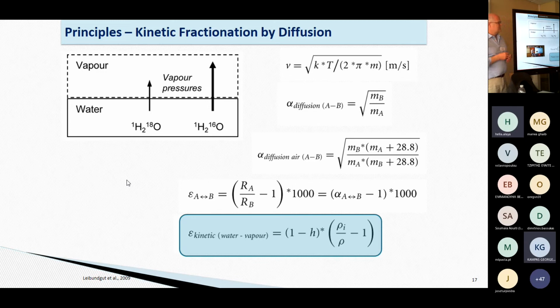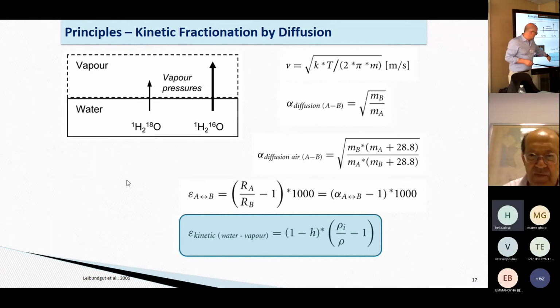And the equation that was developed for humid air, evaporation into humid air, is from Gonfiantini, and it's given below. So the fractionation, the E, you remember, this is the isotope change looking at deltas.